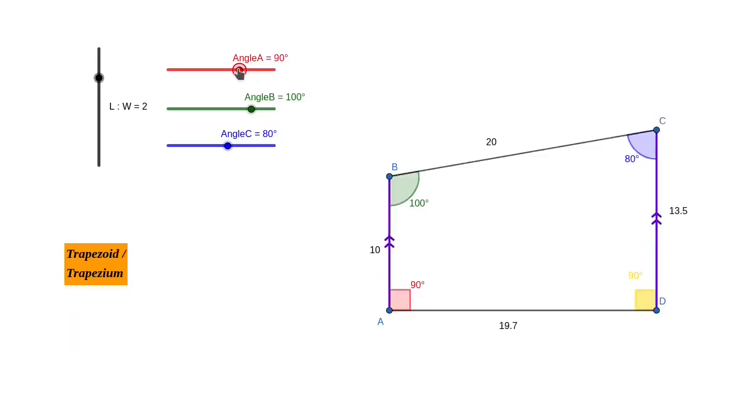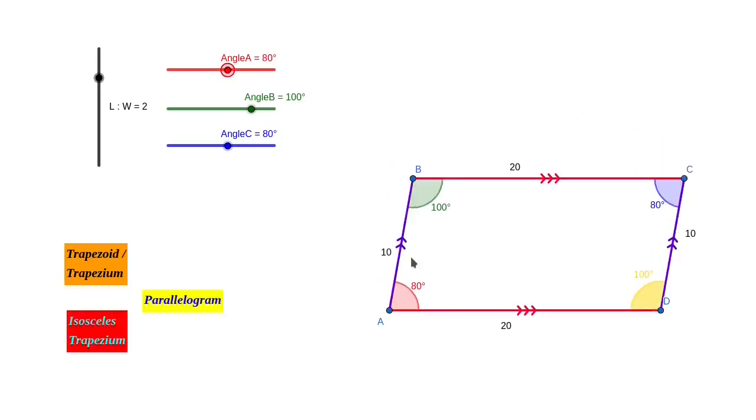This is easy, just lower this value. You can see that AD and BC are parallel to each other, as well as AB and CD. This is a parallelogram. In this case, you can see that this parallelogram is also a trapezoid, also an isosceles trapezium.